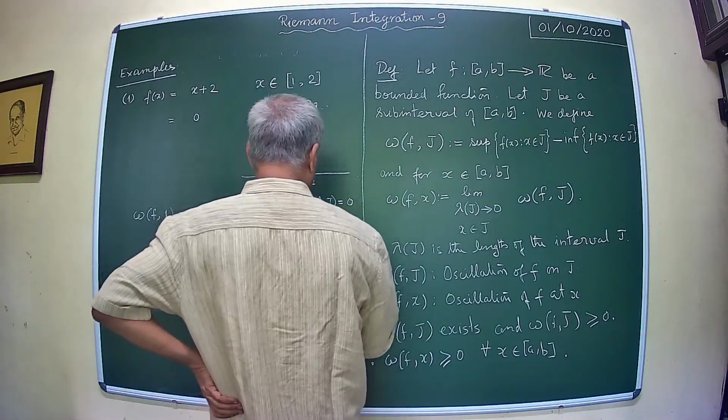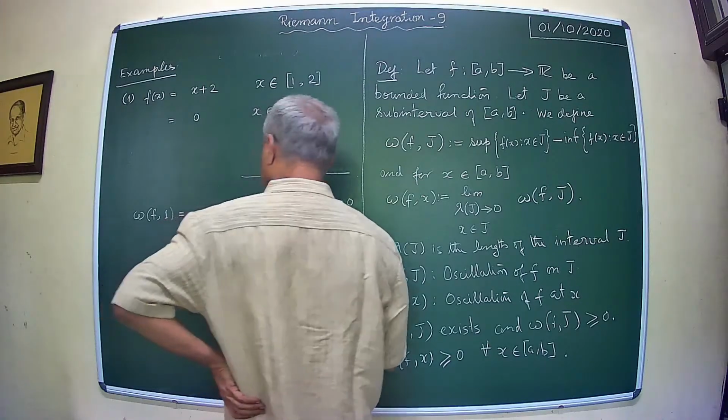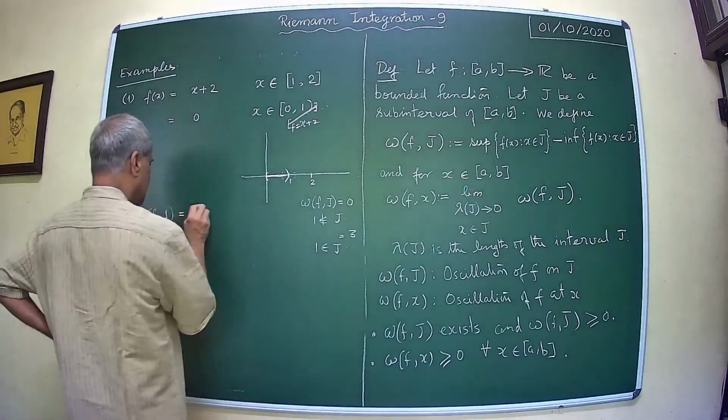This is equal to 3 if 1 belongs to j. So this is equal to 2.